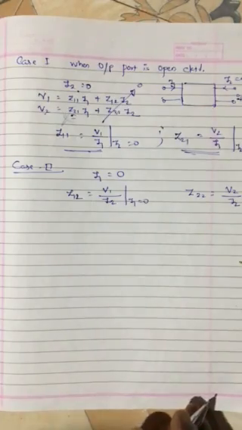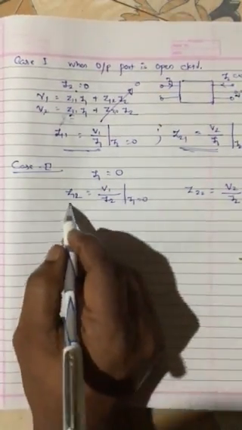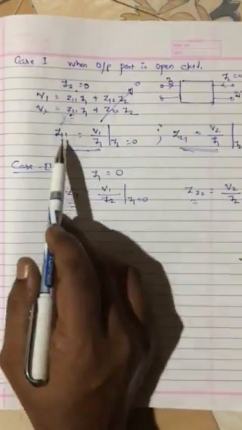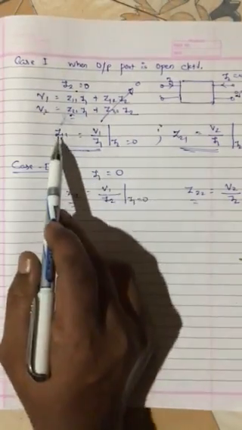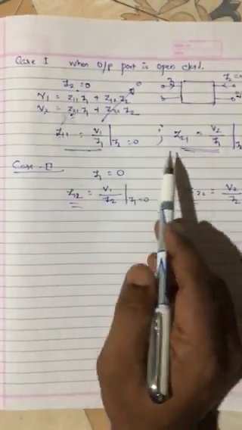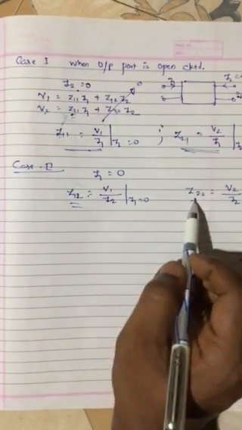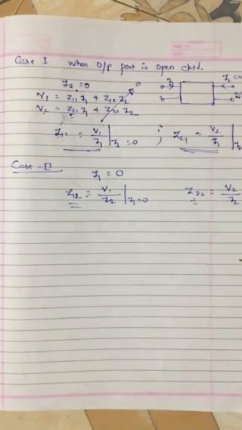So we have got all four parameters, that is Z11, Z12, Z21, Z22. All parameters we have calculated.